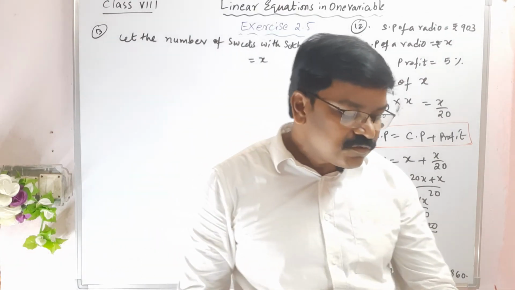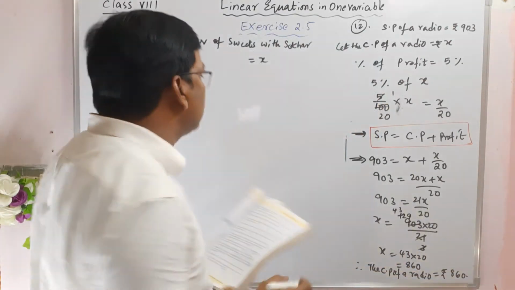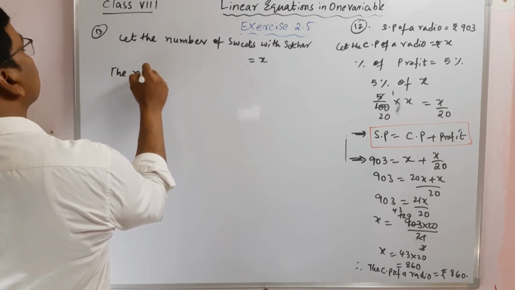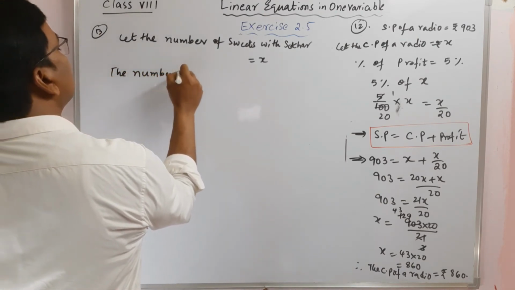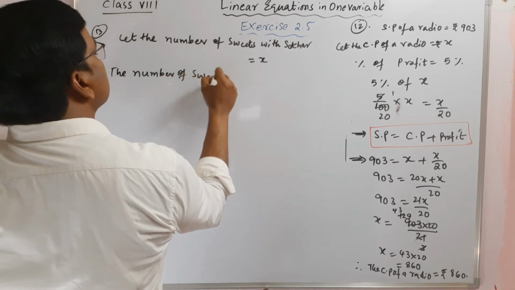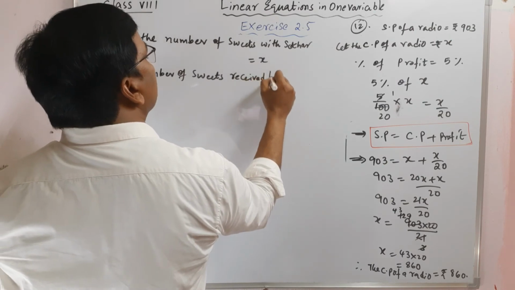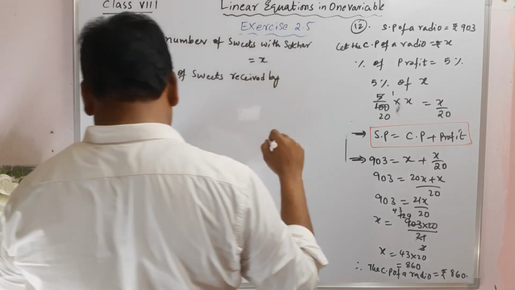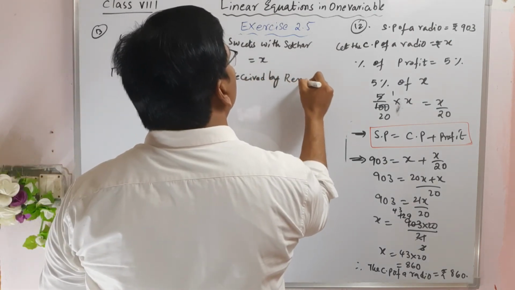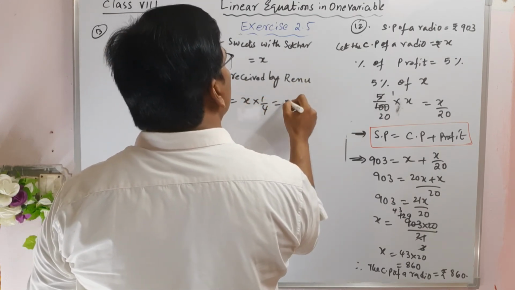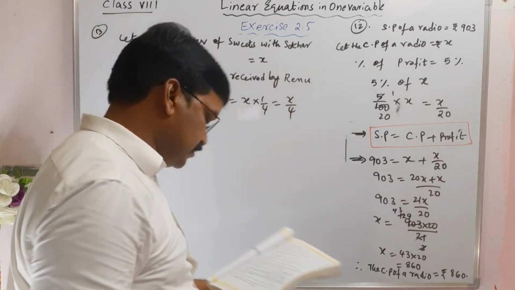Shaker gives a quarter of his sweets to Renu. That means the number of sweets received by Renu is X into 1 by 4. Quarter means 1/4, that is X by 4.